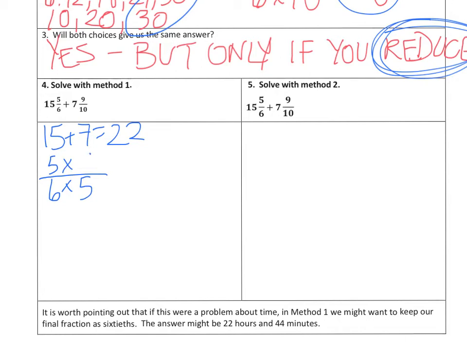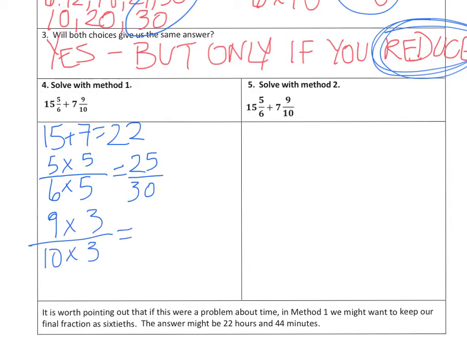We know that we have to multiply by 5, and so that's going to give us 25 30ths. And let's try with tenths. 9/10 multiplying by 3. So that's going to be 27 30ths. So that's going to give us a grand total of 52 30ths.